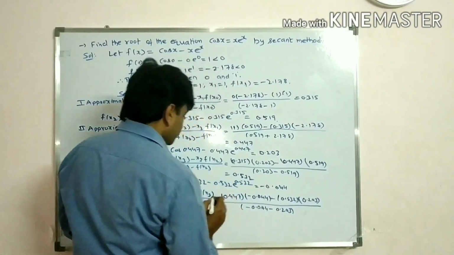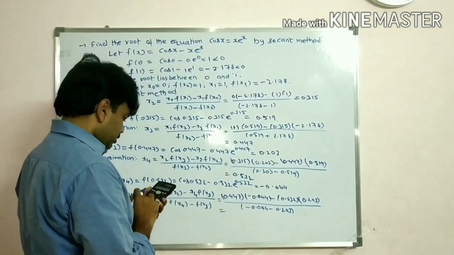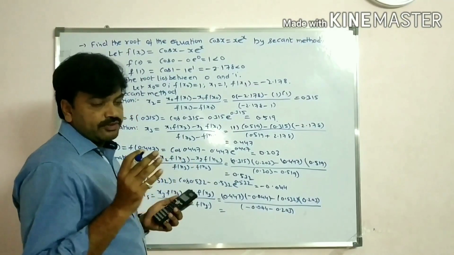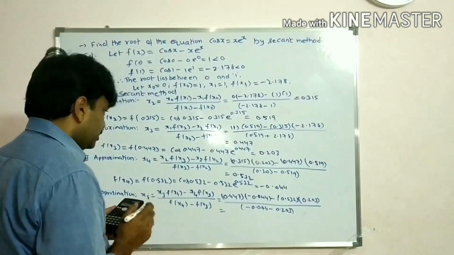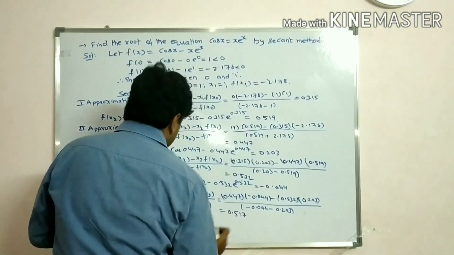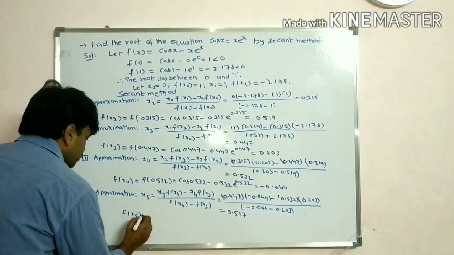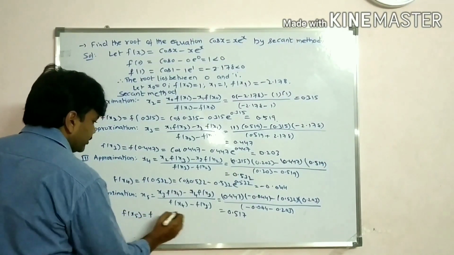That is equal to bracket 0.447, please do it, students, everybody, and you get 0.517, students, 0.517.